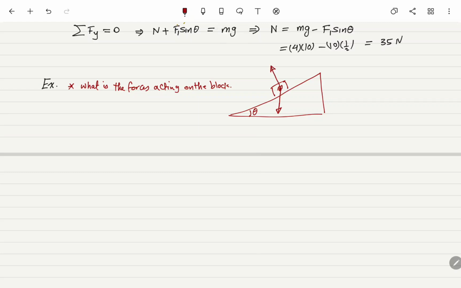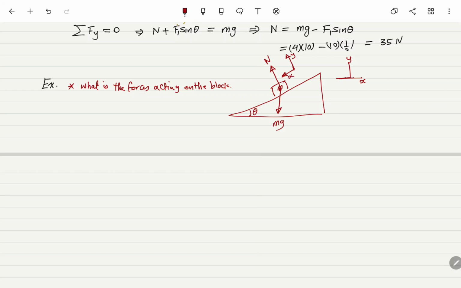So this is mg and this is N. Now to solve this, we have to rotate the coordinates in such a way that the y-axis matches with the normal force, and this is the x-axis. So this is y and this is x.